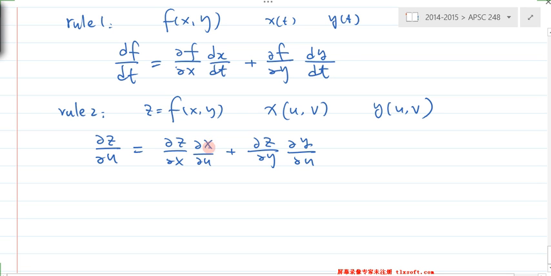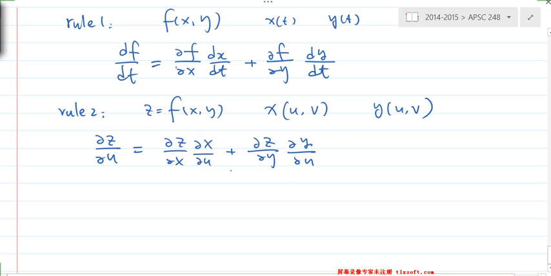Now some of you may think, look, there's a partial x on both, can we cancel these two? That's a very tempting thing to do. The answer is no, don't cancel it. If you cancel it, what would be the right side?